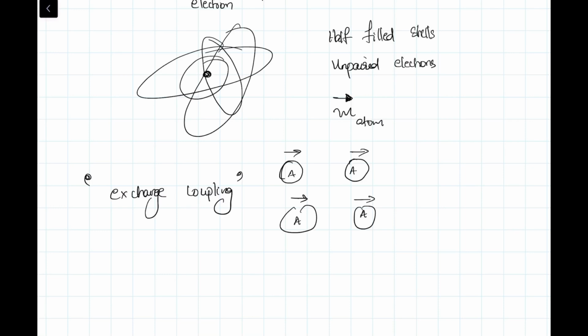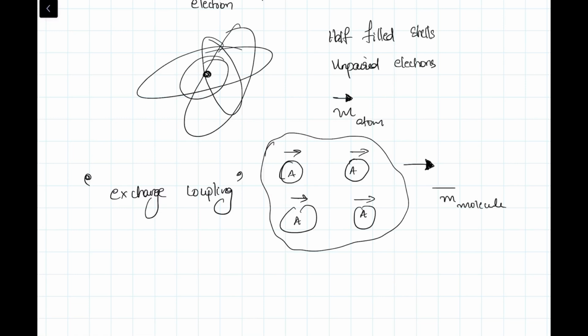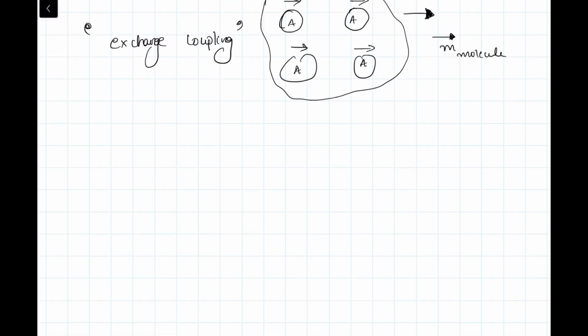Once you have a collection of atoms, we can call it a molecule, and now that molecule is getting a particular dipole moment in a particular direction. Now we can say there is a magnetic moment for that molecule, or the molecule is magnetic.